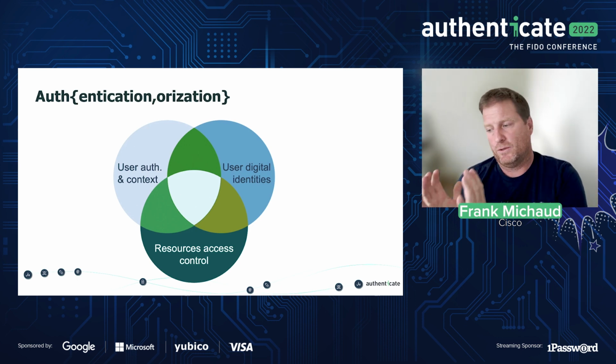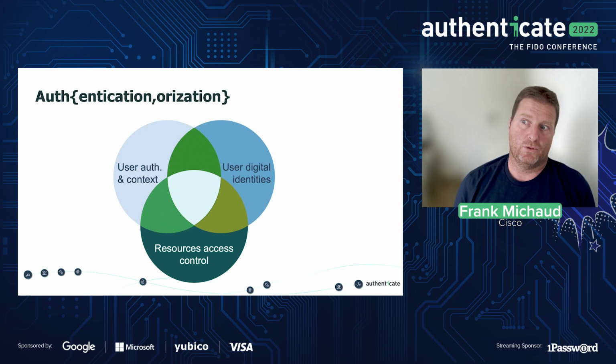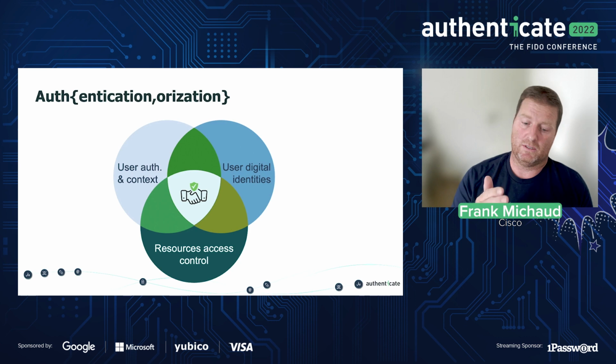We are looking at the digital identities. So it is user XYZ that we know is an employee, or we can check some other credential, whether he is part of a certain group, part of the developer group or a certain developer team within the company. And then you are checking as well the resource access control. And what we do is look at that and make a decision that, okay, this is authorized.